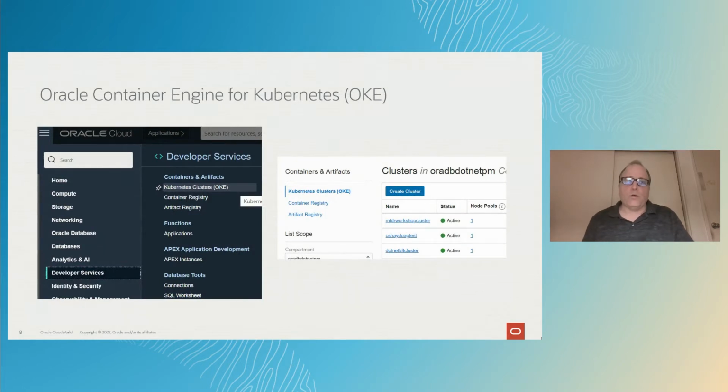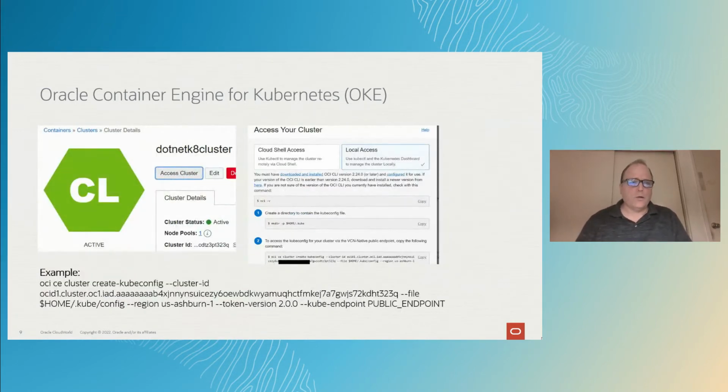So Oracle offers the Oracle Container Engine for Kubernetes, also known as OKE. It's very easy to find when you're over on your Cloud Console. Just look under Developer Services and then Kubernetes Clusters. So when you're in there, you're going to want to create a cluster and then access it and manage it. Typically you will do your management through kubectl, which is a control mechanism for your Kubernetes cluster.